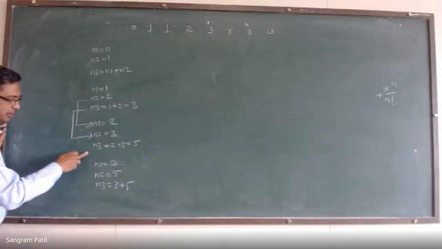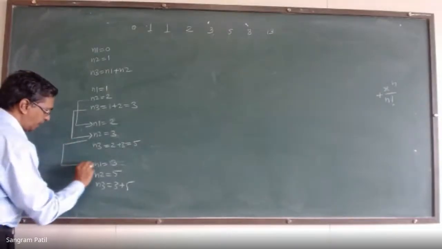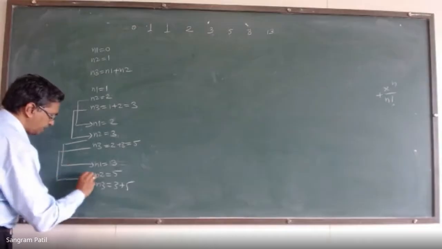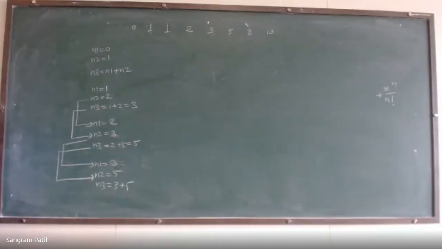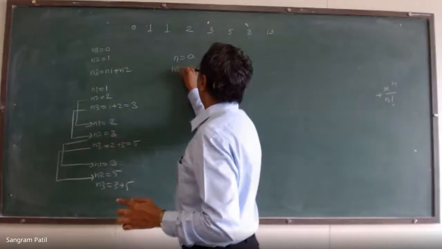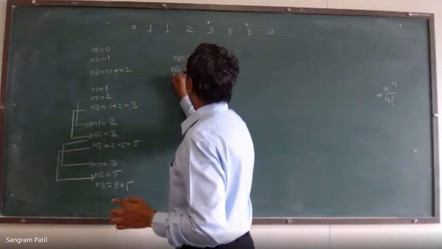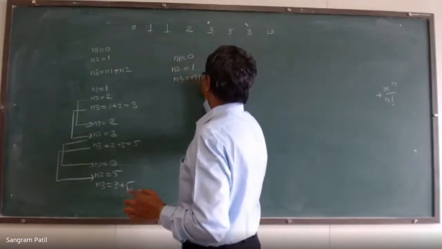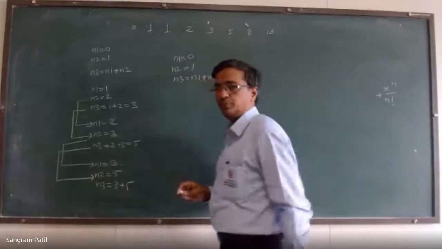Then addition. After addition, this number comes here, this number comes here. Like this it is repeating again and again. How it is repeating? n1 is 0, n2 is 1, and then n3 is n1 plus n2.